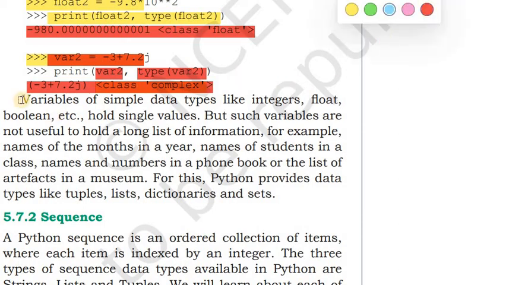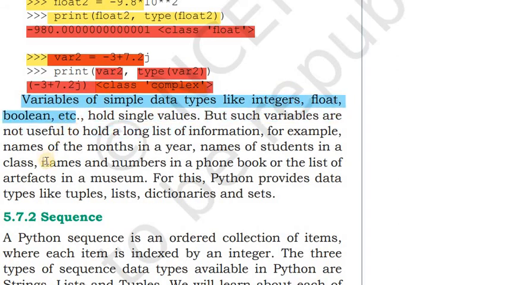Next, variables of simple data types like integers, float, boolean, etc. So simple data types are only three. The first one is integer, the second is float, and the third is boolean. These are simple data types. They hold single values, but such variables are not useful to hold a long list of information.